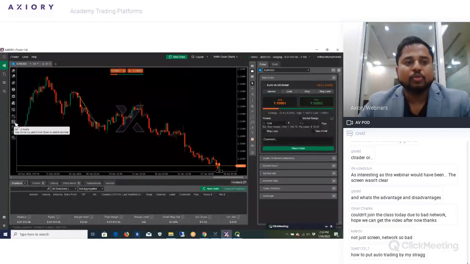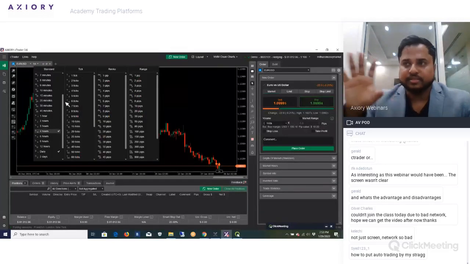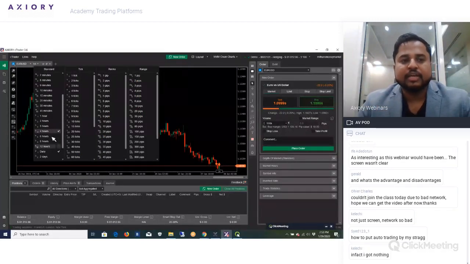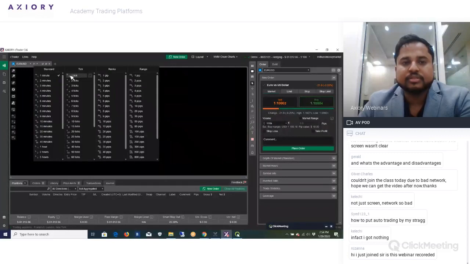And here you can see many different time frames available. In MT4, we have only fixed 1 hour, 4 hour, and daily. Here you can see 6 hours, 8 hours, 12 hours, 2 hours, like that. So more time frames are available. And you can even see the tick charts here. Tick charts means the price fluctuates tick by tick.